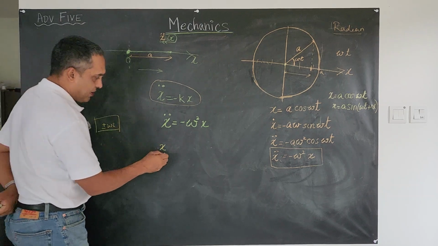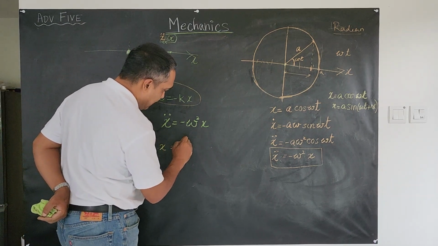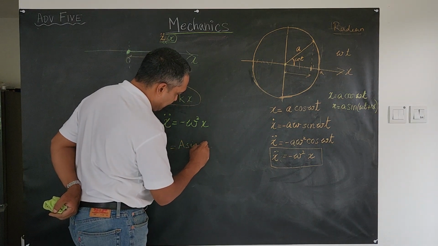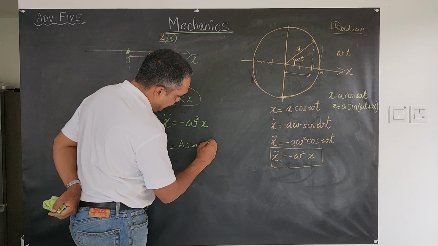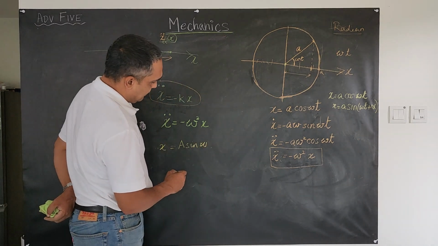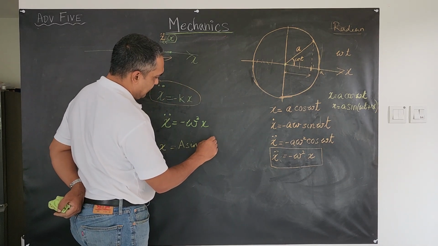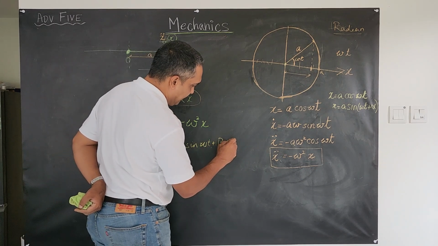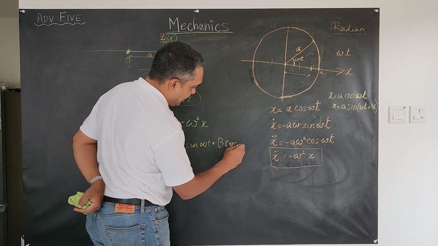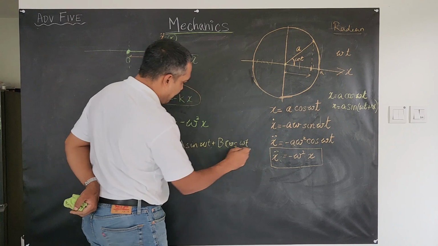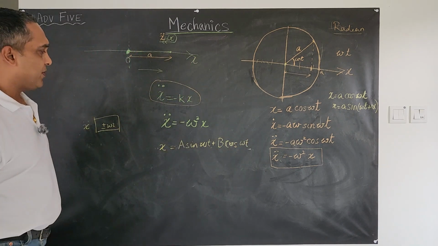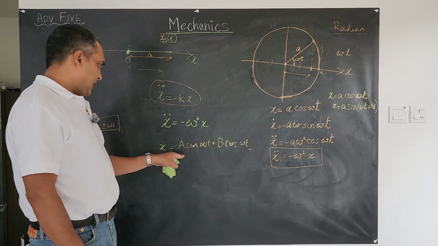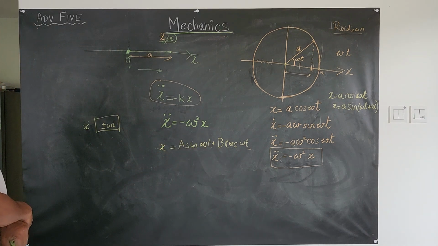Or I could write x in the form of an a sine omega t. Again, I'll leave it to cosine omega t. You could probably write it in this form as well, if the derivative is with respect to time. You can play with the math.